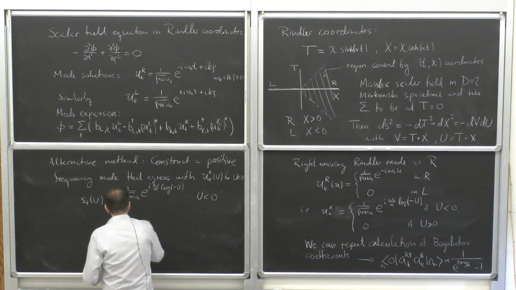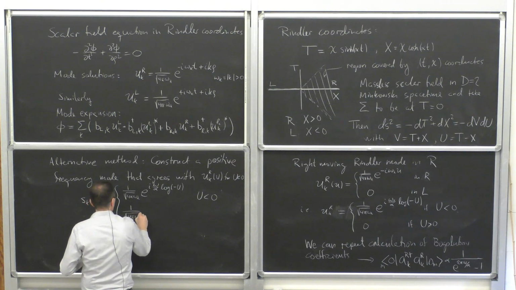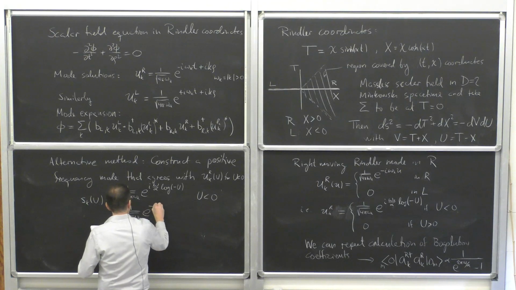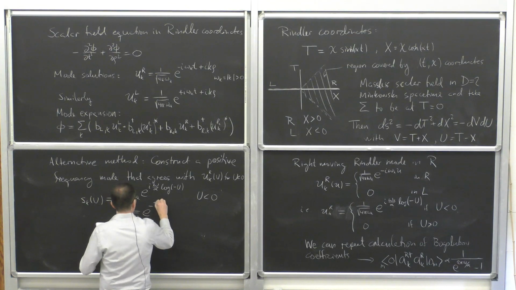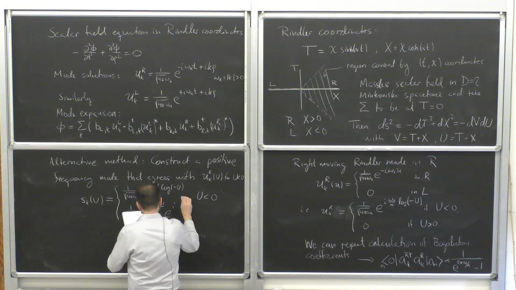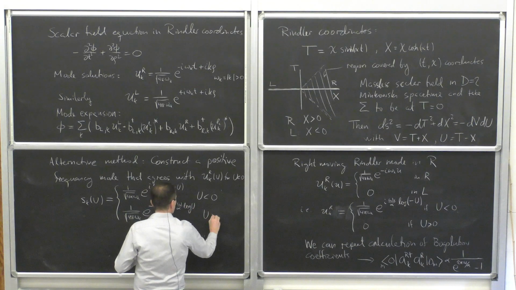And then what you need for the positive frequency mode is e to the minus pi omega over alpha times e to the i omega over alpha log u if u is greater than 0.